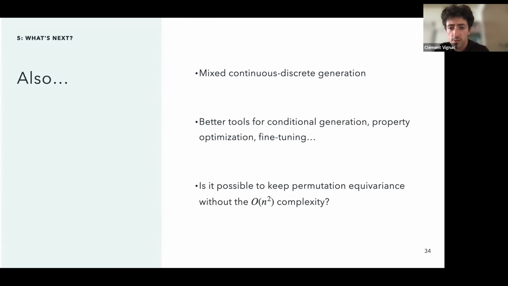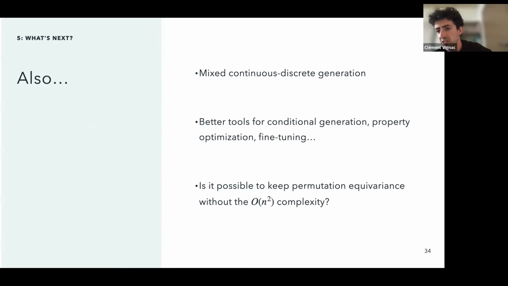Other things that we've not done so far. Today I've only shown you how to generate graphs with discrete node types and discrete edge types, but maybe you have continuous properties as well. If you want to implement such a model, it's not super difficult, it's just a bit of work, because you need to define the noise separately for the continuous part and the discrete part.